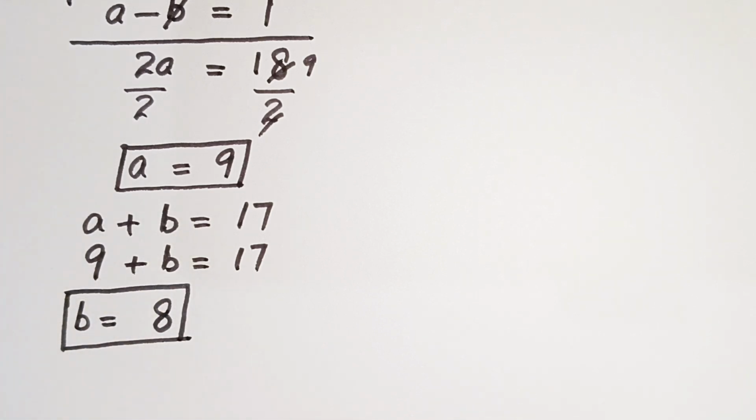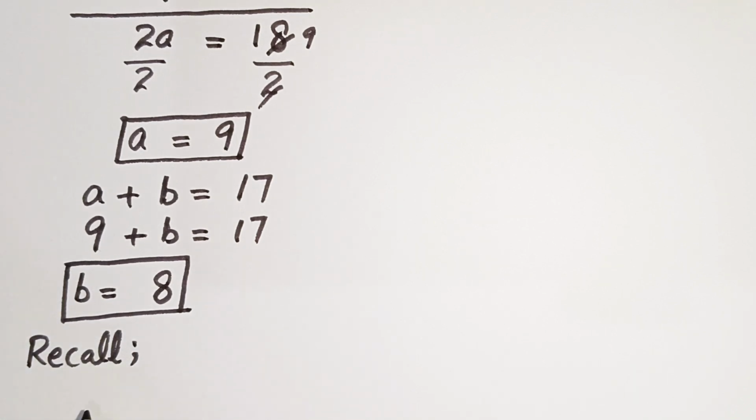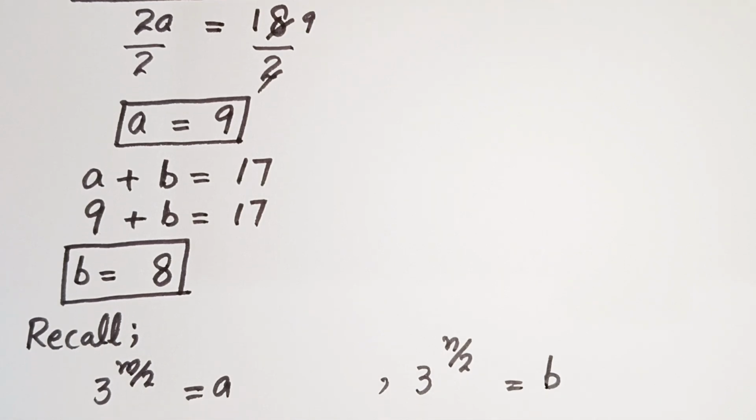Now if we recall that here we have 3 to the power m over 2 is equal to a, and 2 to the power n over 2 is equal to b.